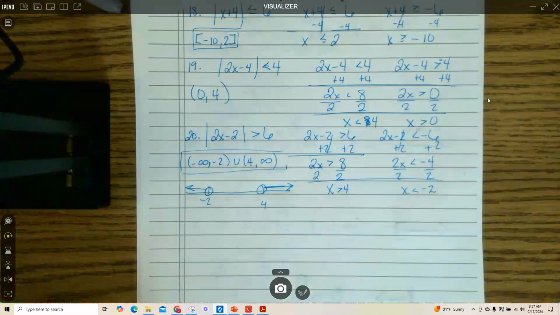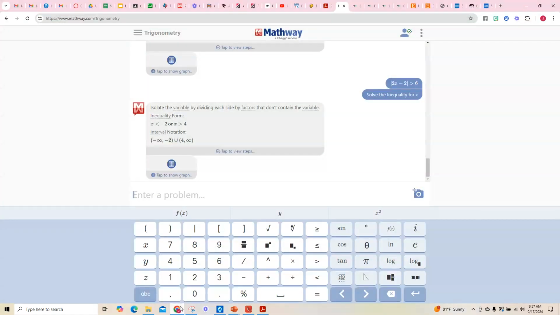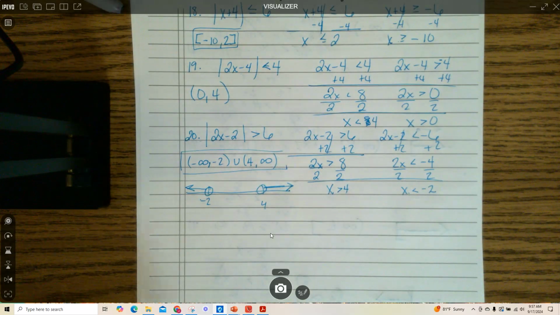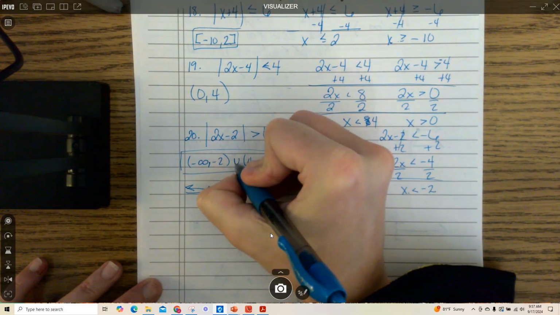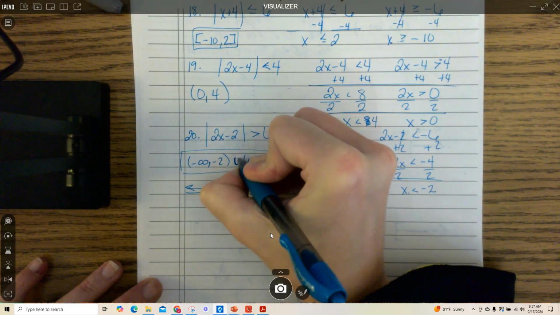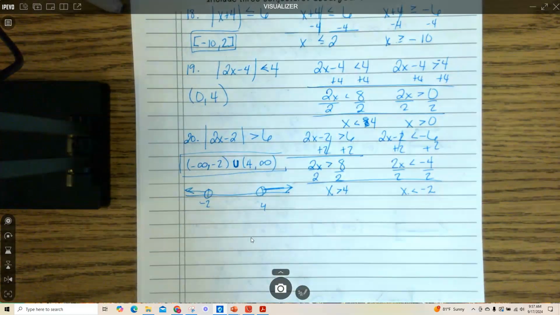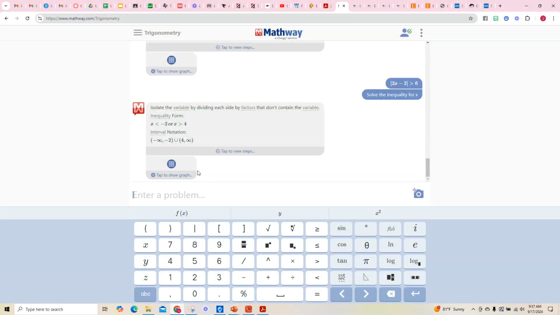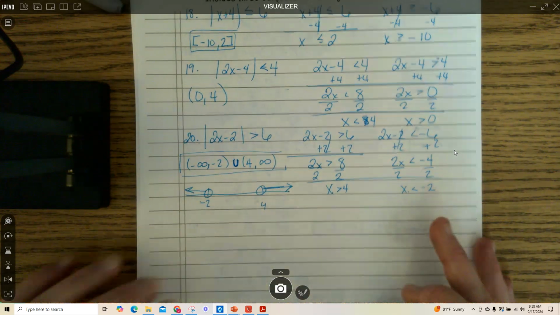So for the answer, we put both sets of parentheses. What do you have in between them? A U. Oh, okay, so no comma? Not in between them. It's the union symbol on the symbol bar. I typed in the letter U and I got it wrong. Check the symbol bar.